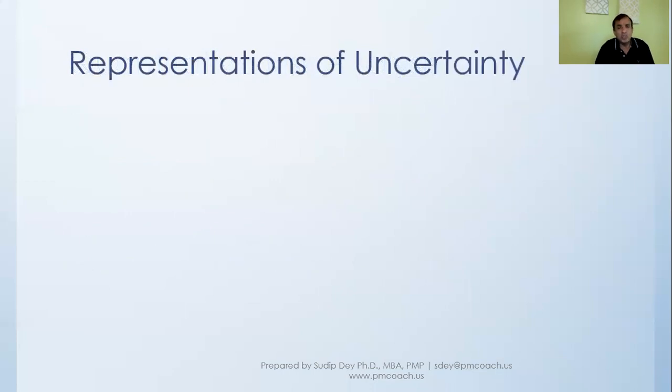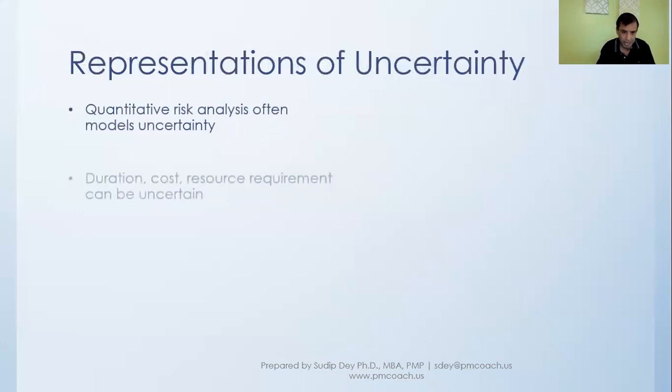Now, risk, as we have said, is uncertainty, and risk analysis is a representation of uncertainty in a project. Quantitative risk analysis models this uncertainty as a quantitative model, and that's why it is quantitative risk analysis.